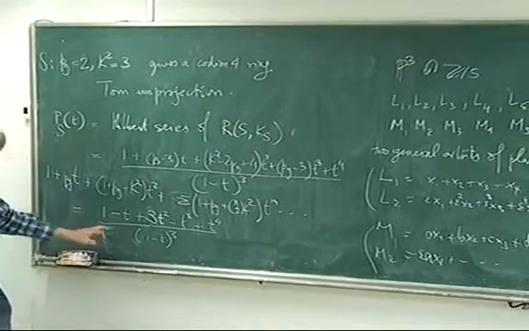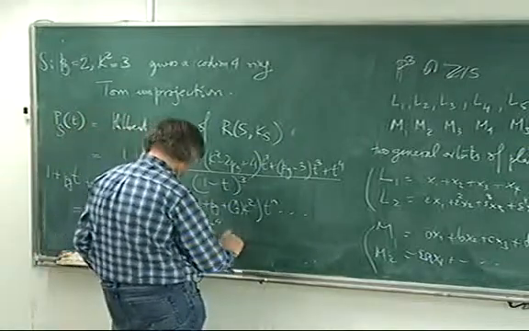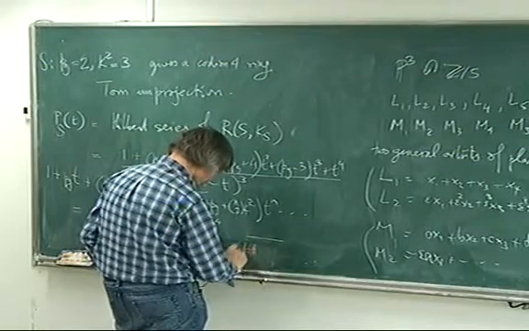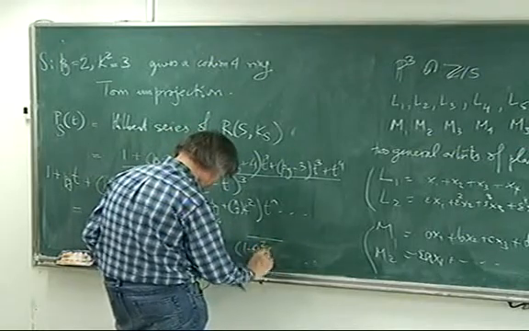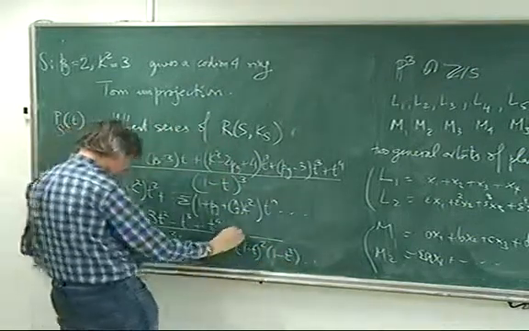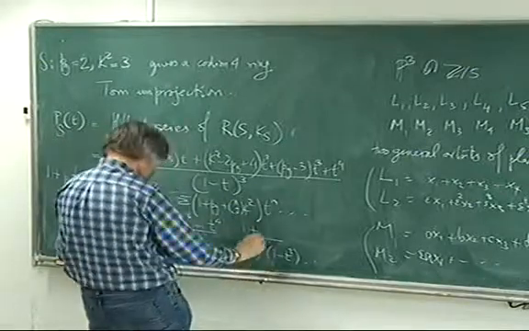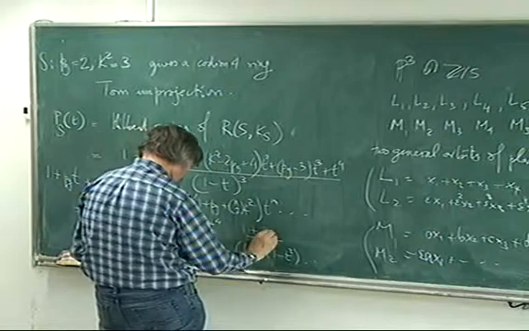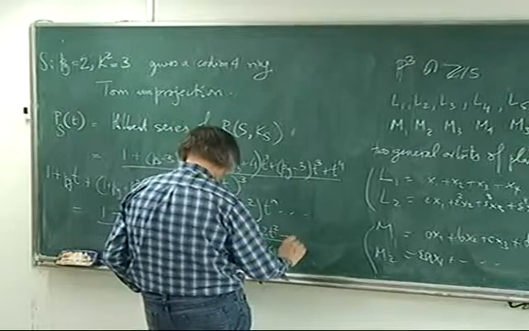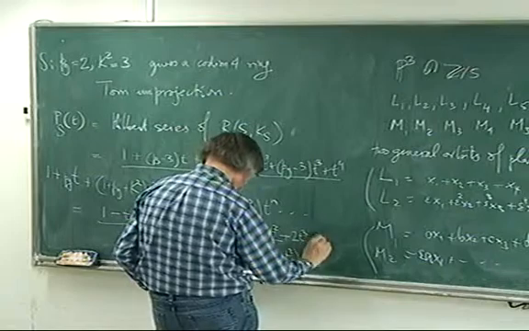Okay, so I'm going to write this as 1 plus 2t squared plus 2t cubed plus t to the 5th.